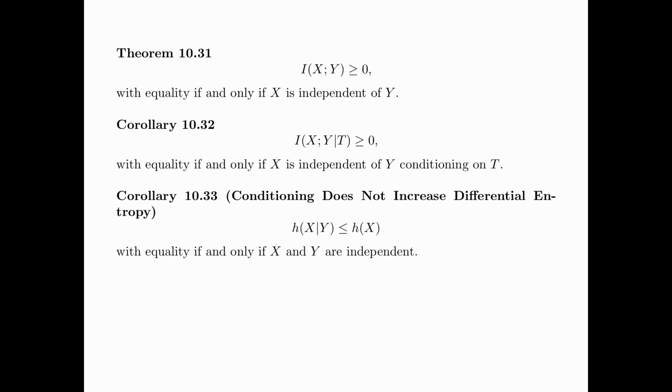That is, the differential entropy of X given Y is less than or equal to the differential entropy of X, with equality if and only if X and Y are independent.